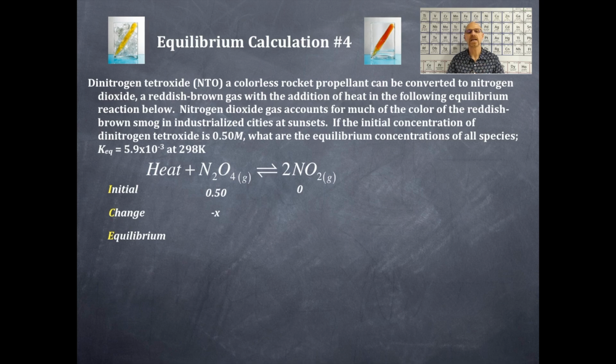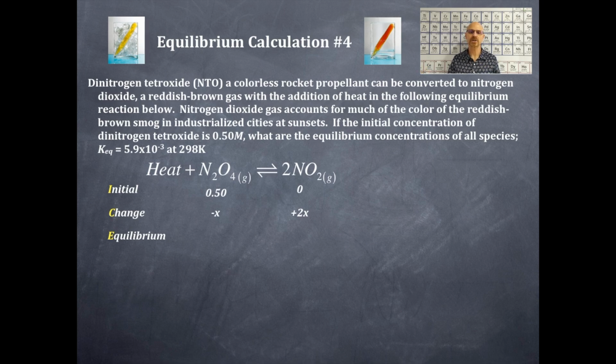It's a minus, and the stoichiometric coefficient is a 1, that's why it's a 1x. On the nitrogen dioxide, which is the product, it's going to be a positive because you're making more product. And it's a 2x because the stoichiometric coefficient in front of the nitrogen dioxide is a 2.